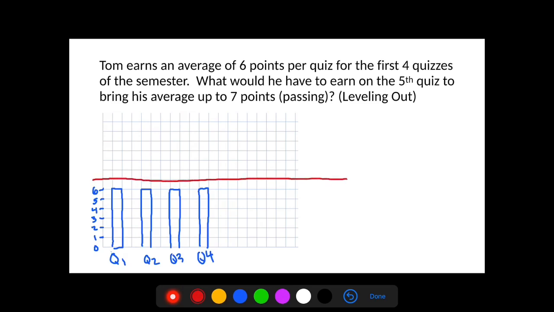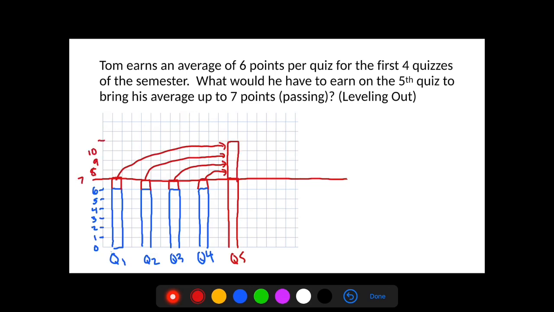I start by thinking about, well, let's pretend that on my 5th quiz I got 7, the desired average. But then I have to go back and add an additional point to each of the first 4 quizzes, and then think about, well, the only place those points could come from is this 5th quiz. And so I end up realizing that my 5th quiz would need to have 11 points in order to bring that average up to 7 points.